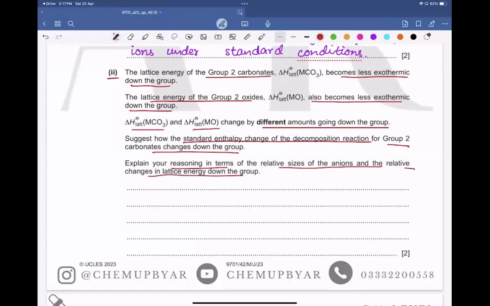Okay. So as the thermal stability is increasing, what happens to the enthalpy change of decomposition?